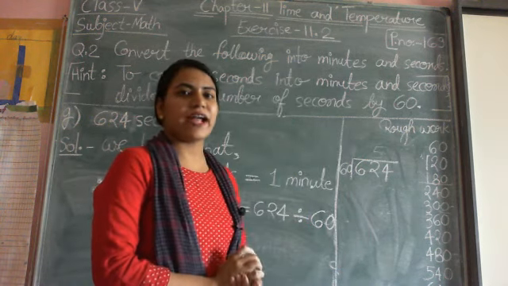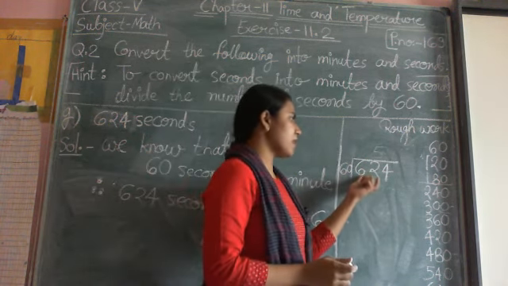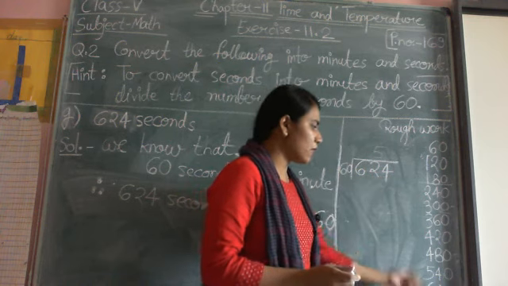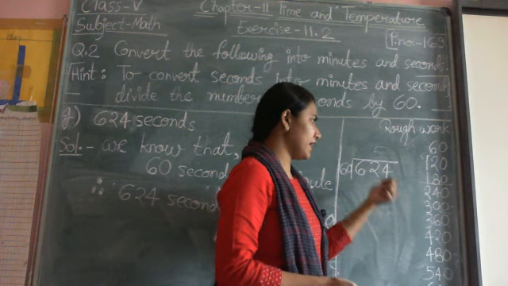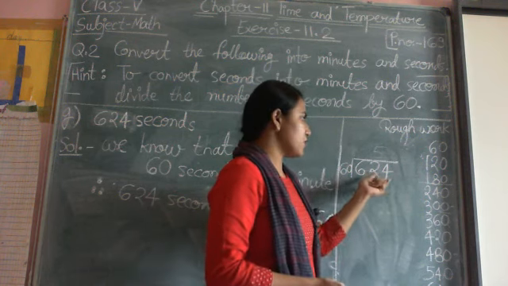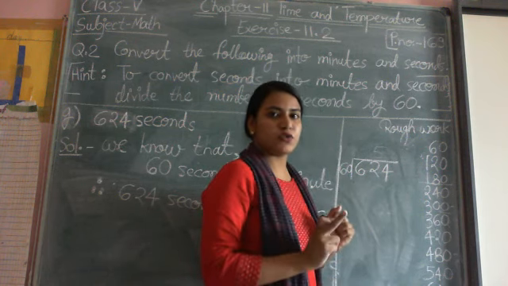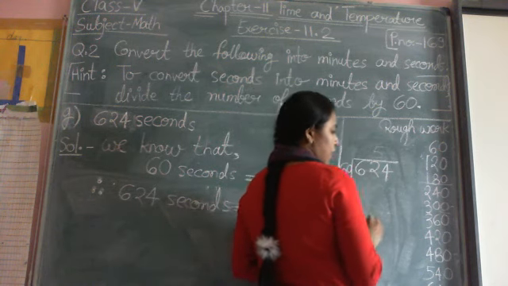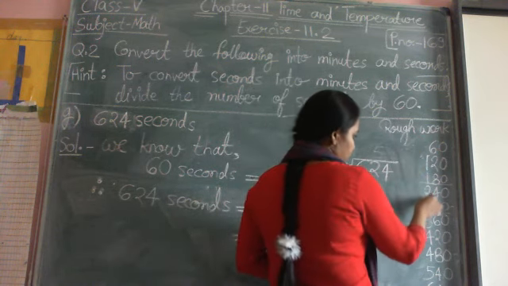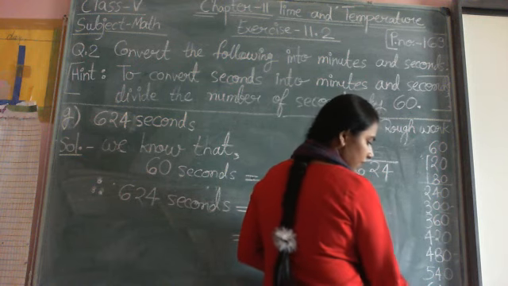To divide, first of all check, does the number 624 come in the table of 60? No, it does not come. So now you have to choose a number which is just smaller than 624. Just smaller is 600.